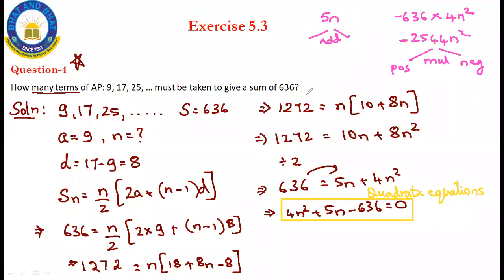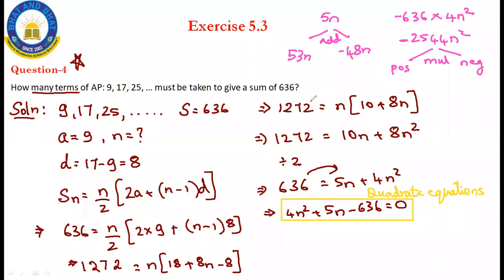So what are the factors? Can anybody tell me the factors here? Anybody? I will let you know the factors here. It will be 53n and one more is minus 48n.